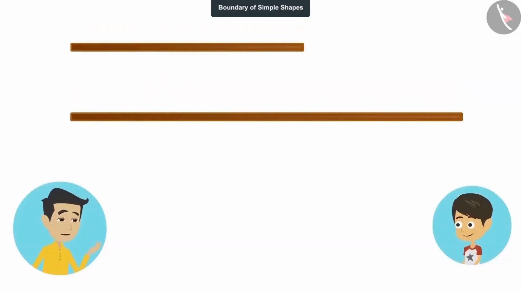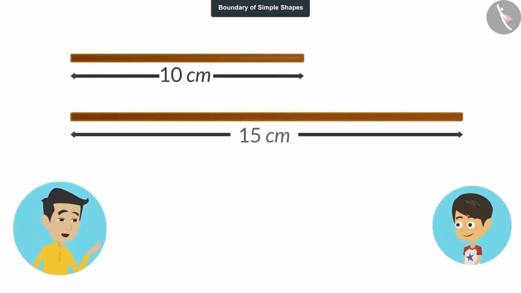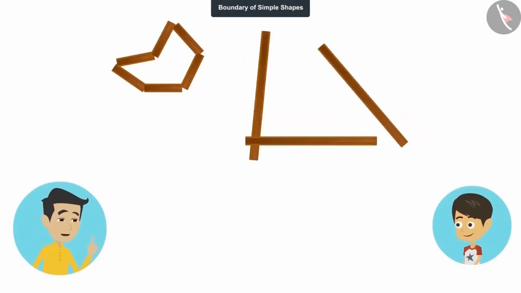See, let's take 2 thin sticks of different sizes. The short stick is 10 centimeters long and the long one is 15 centimeters long. Now let's cut the short stick into 6 pieces and make a shape. And now cut the long stick into 3 pieces and make another shape.